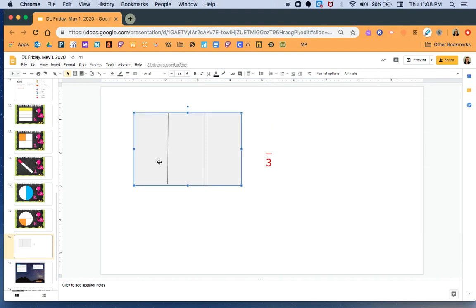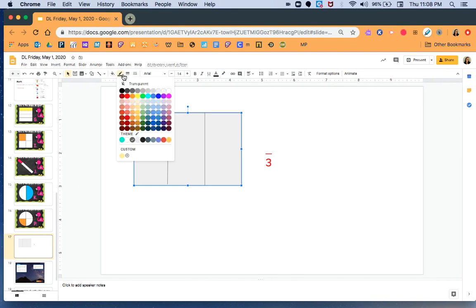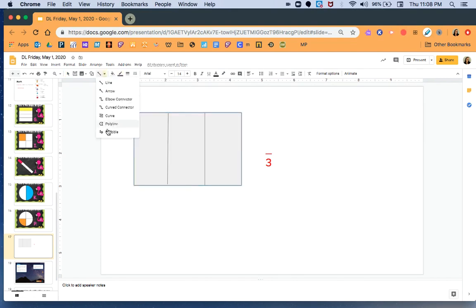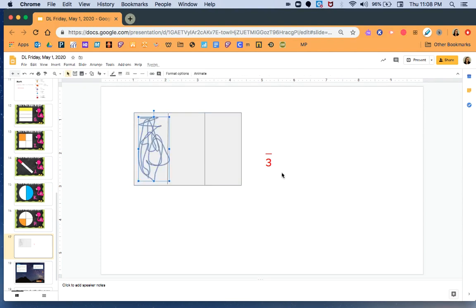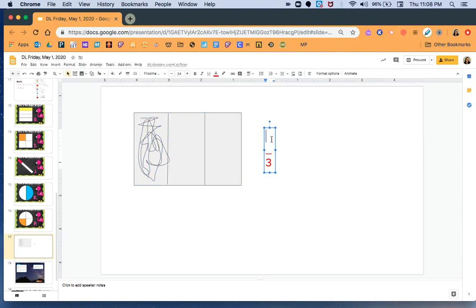Well, could I color one of these in? Let's see if my scribble tool is going to work. Oh, it did work today. Lucky day for us. Okay, how many pieces did I color in? I colored in 1. So how many did I color in? 1/3. Way to go, rock stars.